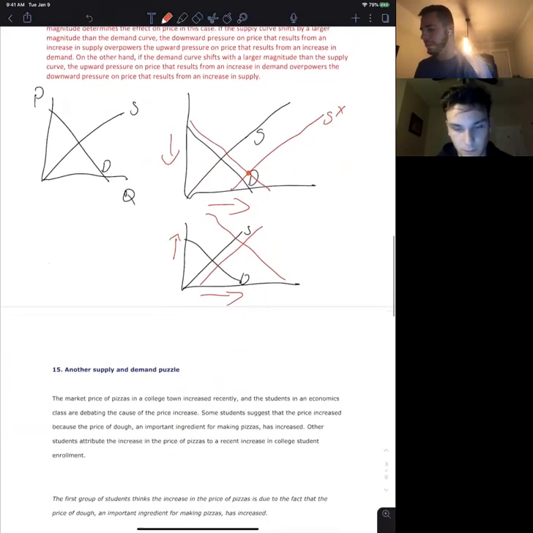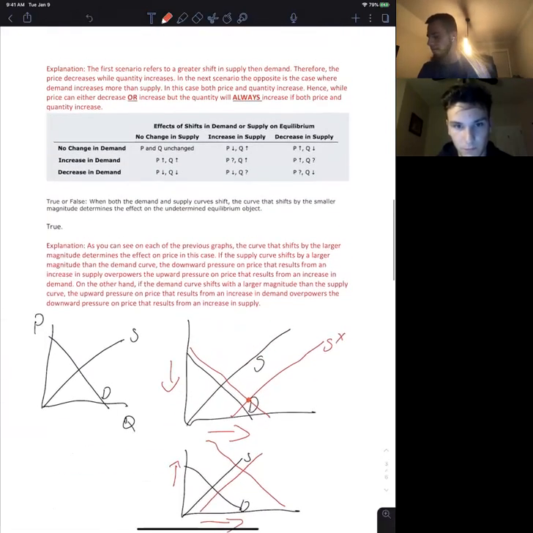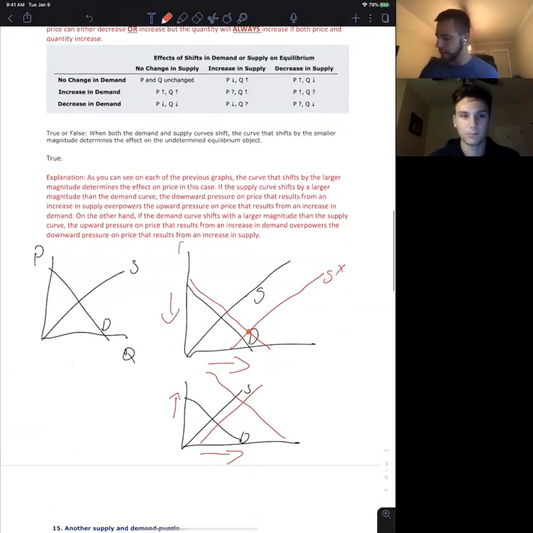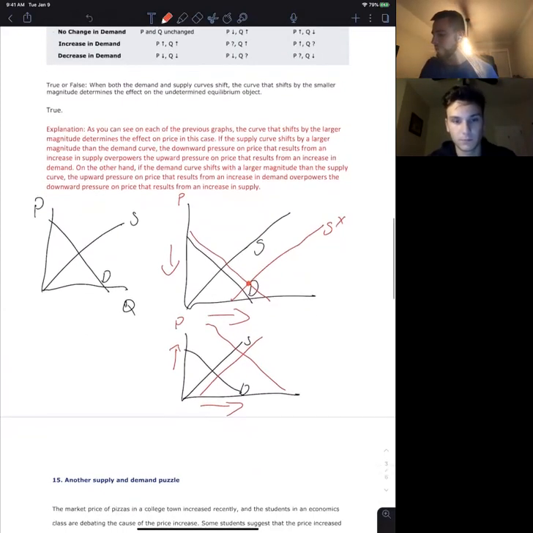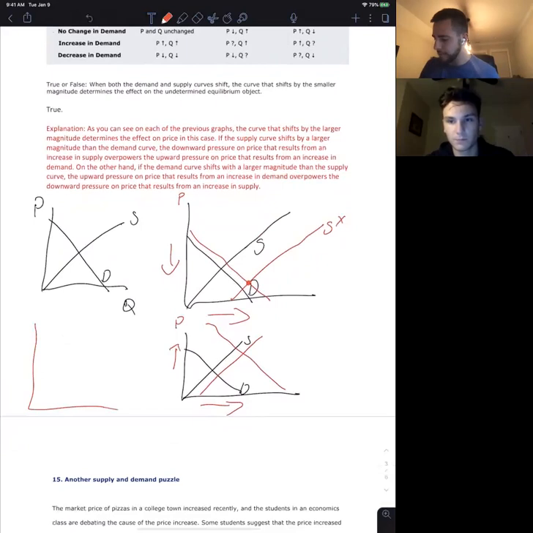So what this question is telling you is that if both supply and demand increase, you can never know what happens to the price. The price in both cases depends on whether the supply shifts more or the demand shifts more. There could also be a case where demand and supply shift so much that the price is unchanged, like in this case.